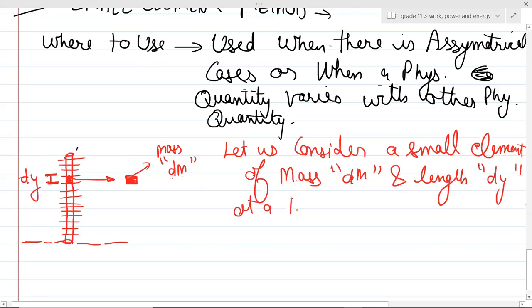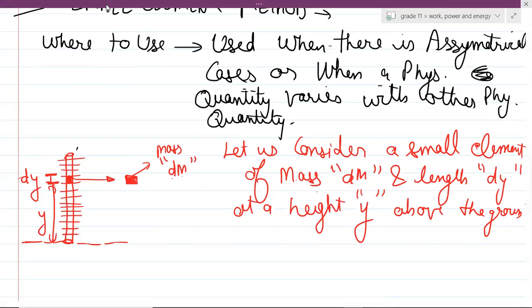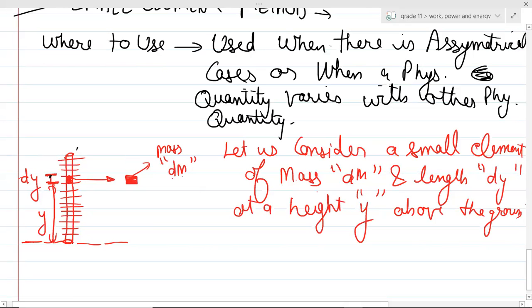at a height y above the ground. So at a height y, there is a small element of width dy. See, this small element method is not something which anyone can teach.